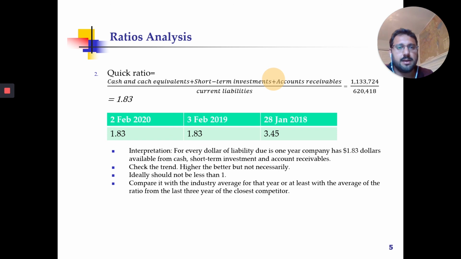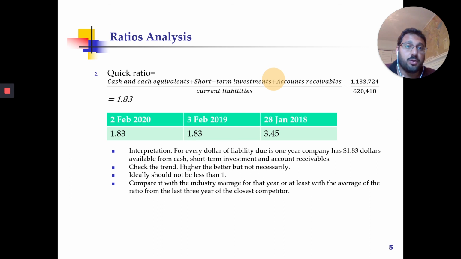In 2020 it is 1.83. Now again, the interpretation: for every dollar of liability coming due in 1 year, Lululemon in this case has $1.83 available from cash, short-term investment, and accounts receivable.